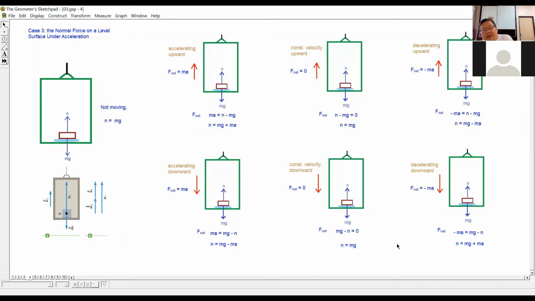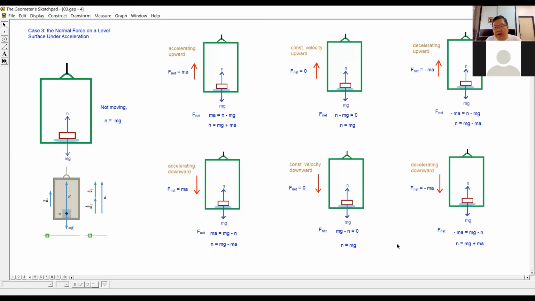Why is it like that? When we compare with our experience inside the lift, when the lift is moving with constant velocity, we don't feel more pressure or less pressure on the feet against the floor of the lift. Whether we are moving upward or downward with constant velocity, we feel as if it is not moving.